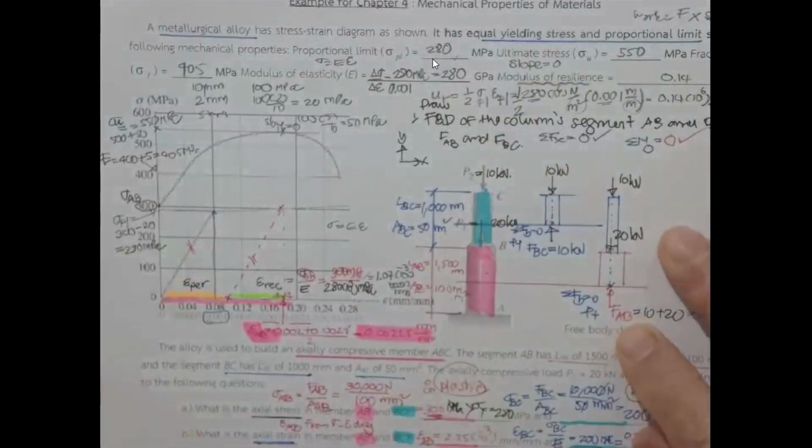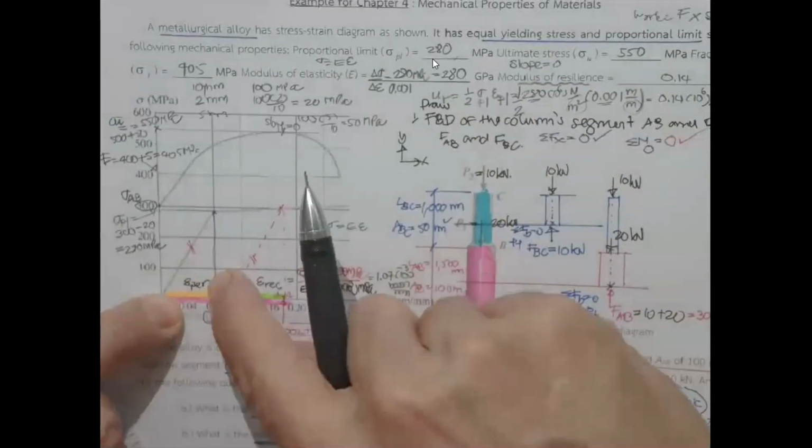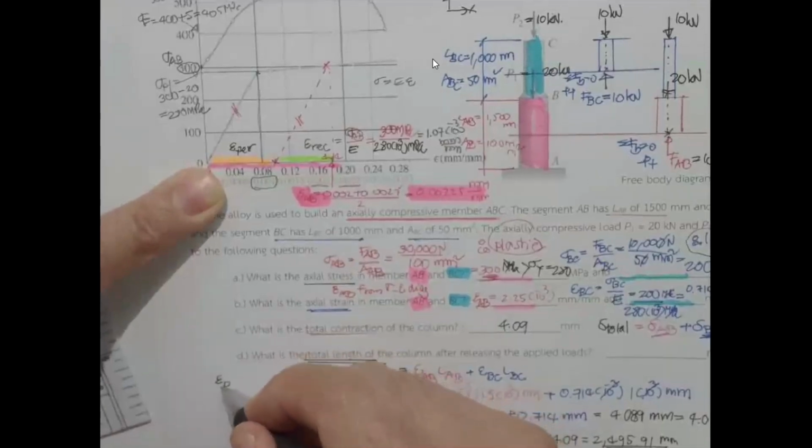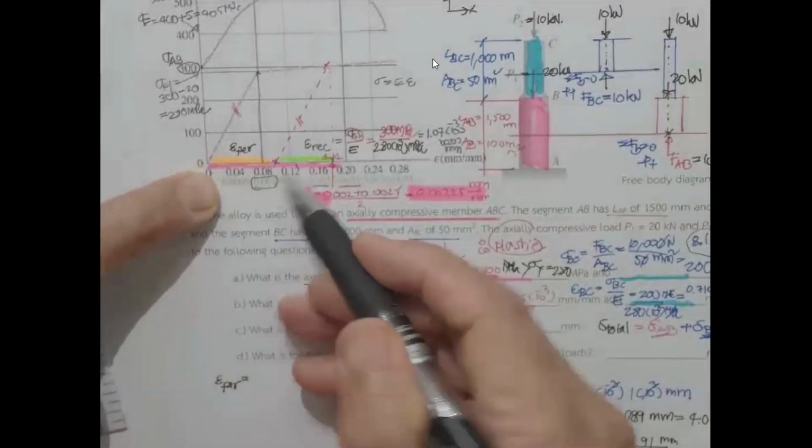Okay, now we come over here, strain permanent. Okay, we move back to the orange. Now we are looking for the orange term. We have strain permanent, and that's going to be equal to the pink, strain sub AB, minus the green, strain recovery.